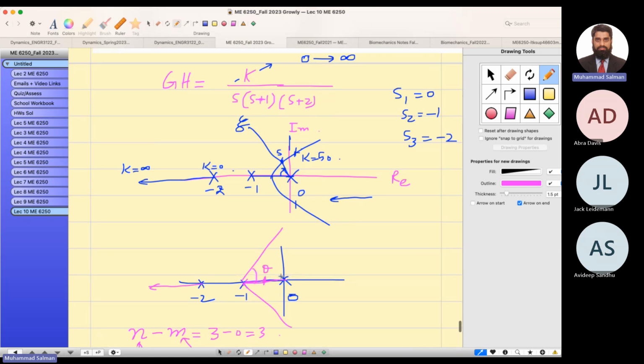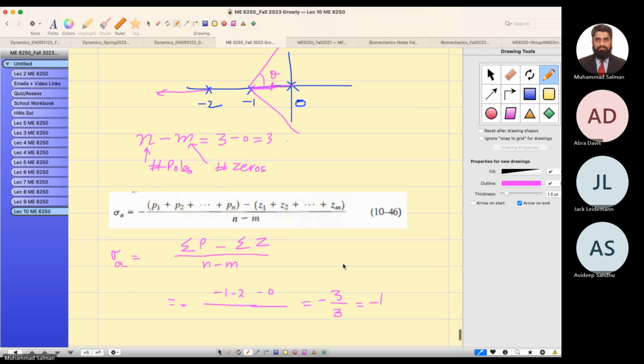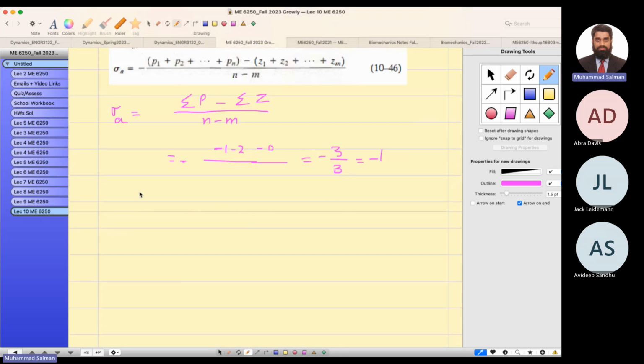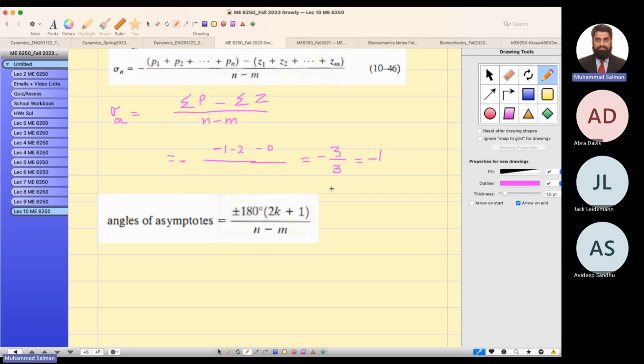What is the theta? Theta is this angle. Let me show you the angle. And I will show you a trick in a minute. So k goes from 0, 1, 2, and up to infinity.